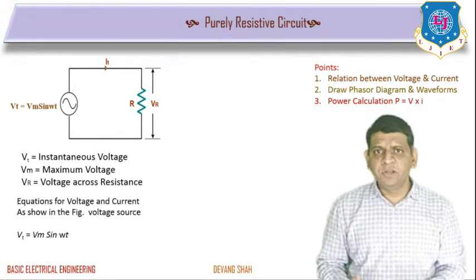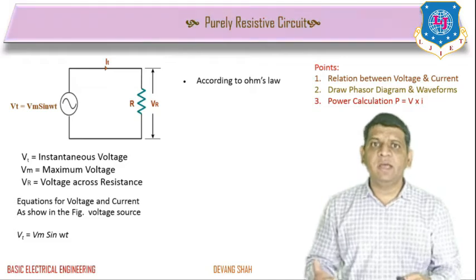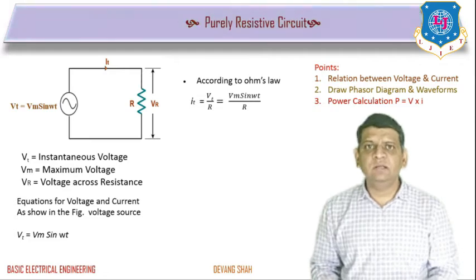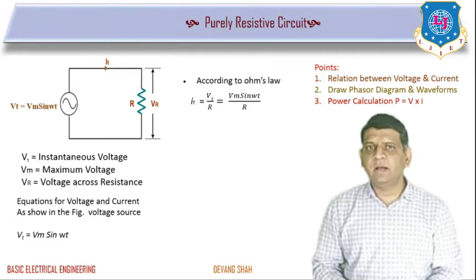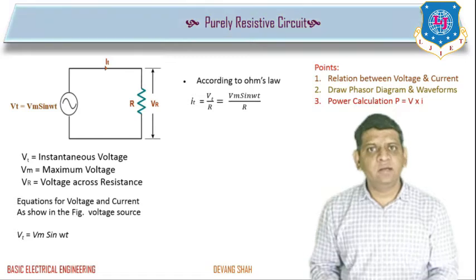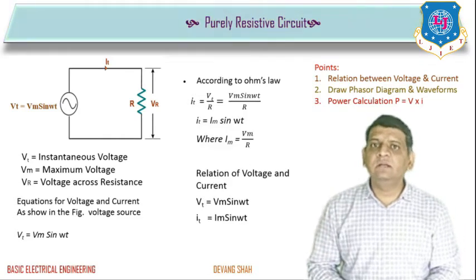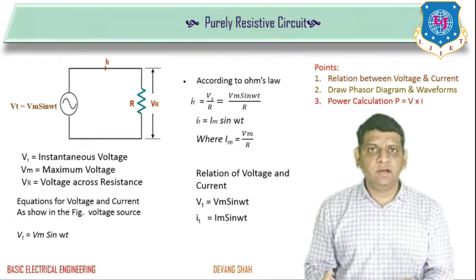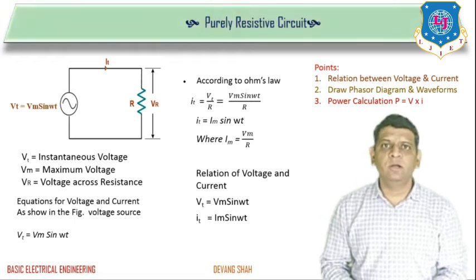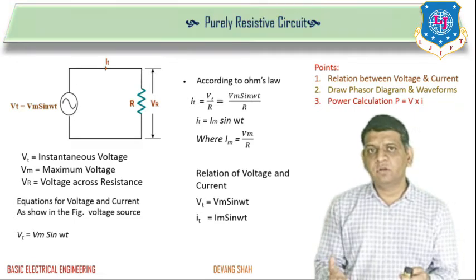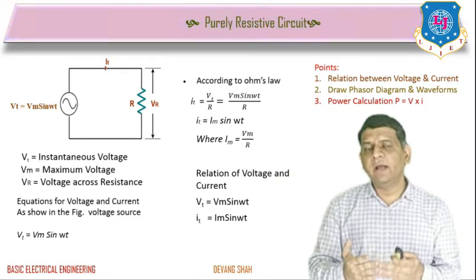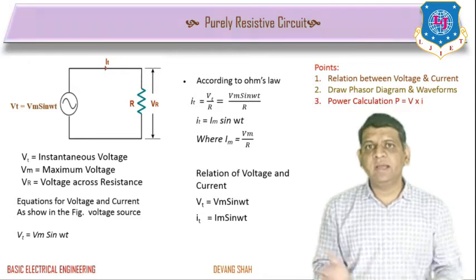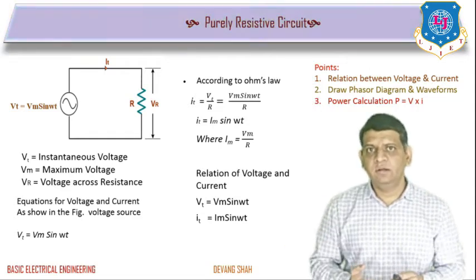For a resistive circuit, you can straight away apply Ohm's law and find the current: i(t) = v(t) divided by R, which is Vm sin ωt divided by R. I can represent Im = Vm divided by R, so the current is i(t) = Im sin ωt. Now for point number one, the relation of voltage and current is v = Vm sin ωt and i = Im sin ωt.